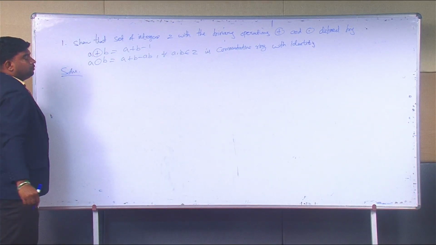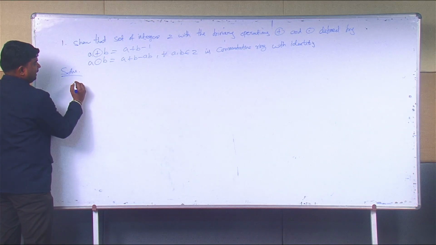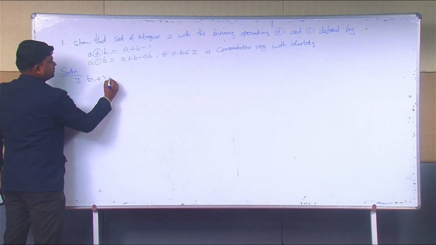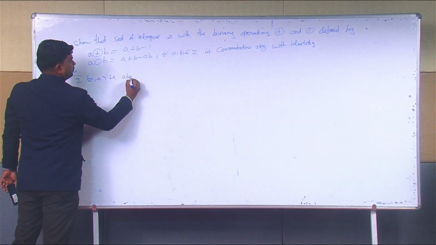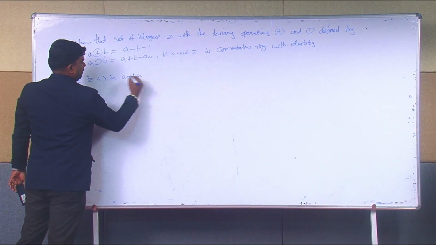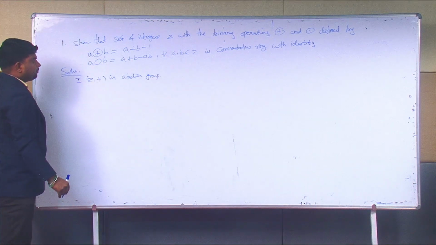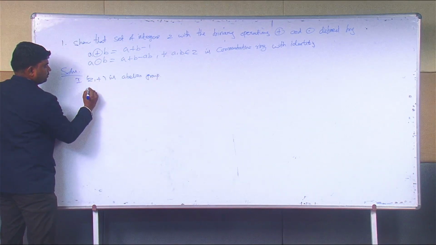Solution. First case: (Z, +) is an abelian group under addition. First axiom, closure.